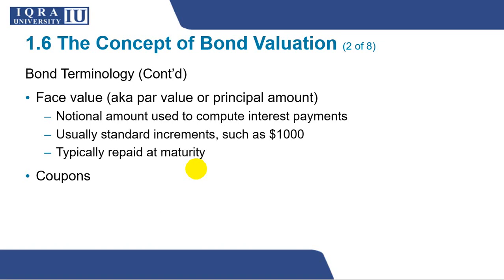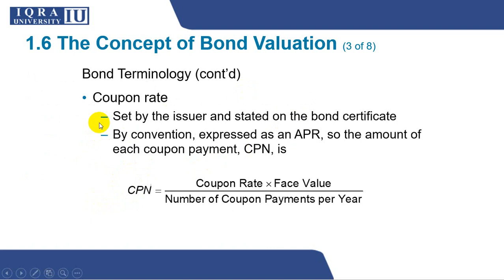Now you have to repay the face value, and during the period you will pay the interest payments. There is a set interest payment, and those interest payments are called coupons. So what is a coupon rate? It is set by the issuer and stated on the bond certificate.